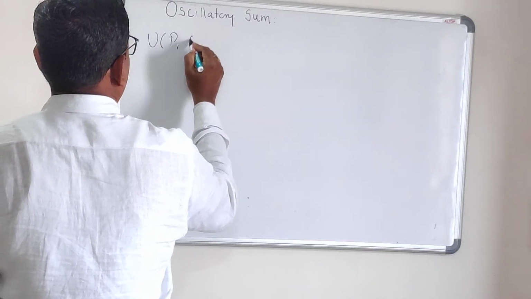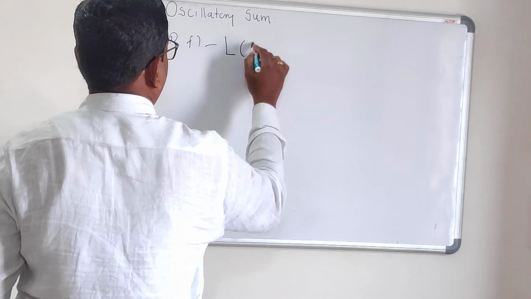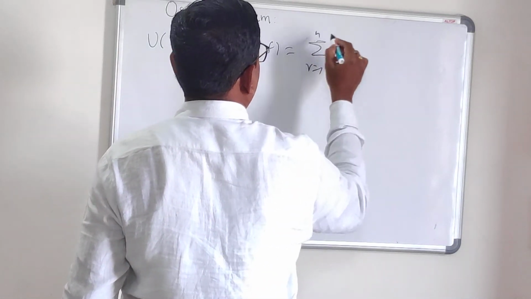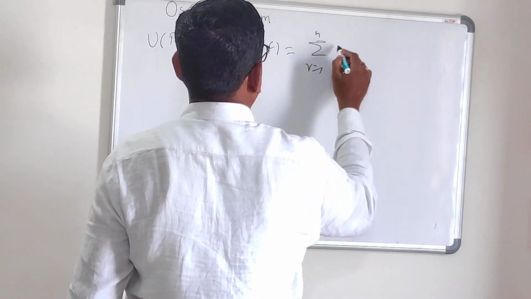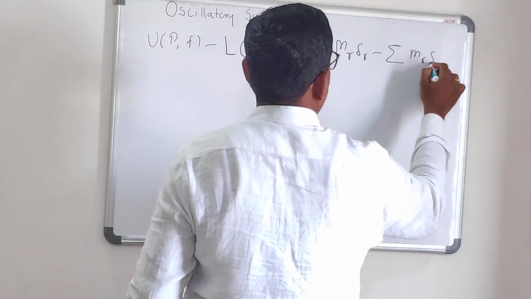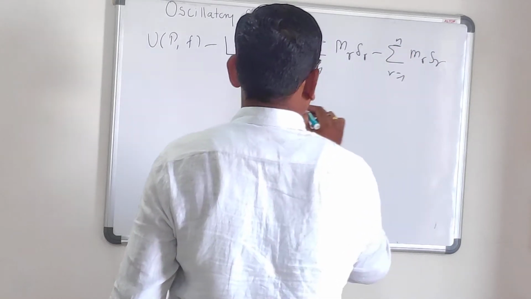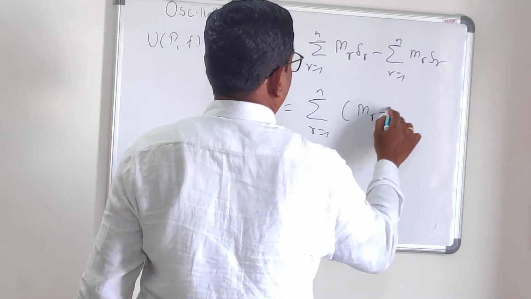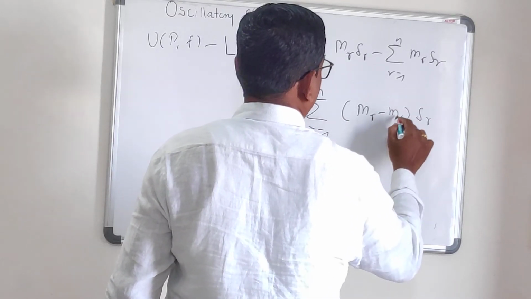U(P,f) minus L(P,f). What is U(P,f)? It is the summation r from 1 to n, if having n plus 1 points, of Mr delta r, minus the summation of small mr delta r, r from 1 to n. So this is going to be the summation r from 1 to n of capital Mr minus small mr, times delta r.